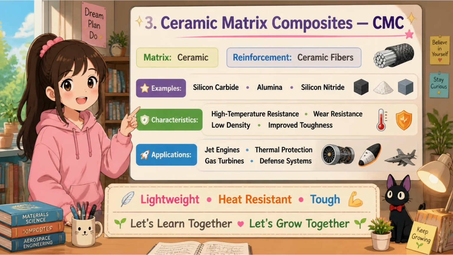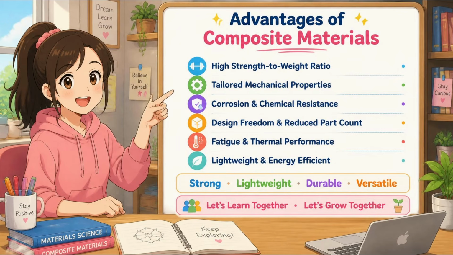So, why are composites so popular? Let's look at the major advantages. First is high strength to weight ratio. Composites can provide high strength and stiffness at relatively low weight. That's why they are very useful in aerospace, automotive, and sports applications. And tailored properties is one of the biggest advantages.